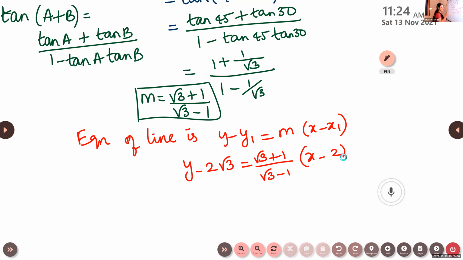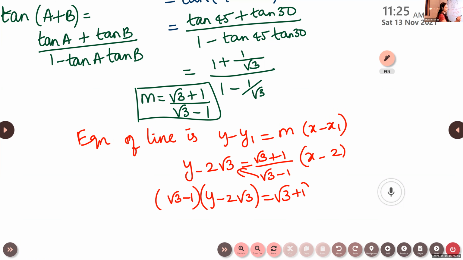Okay. So next step, you cross multiply. Root 3 minus 1 into y minus 2 root 3 is equal to root 3 plus 1 into x minus 2. Now open the bracket, simplify, and write the equation of the line in general form. Try this. Expand it and try to give the answer.